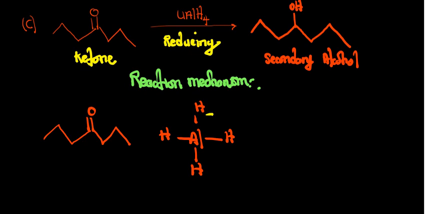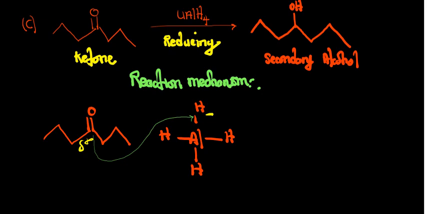Since that is negatively charged, we're going to have an attack. The carbon that is double bonded to the oxygen is positively charged. So we're going to have the attack coming from the negative hydrogen, attacking the carbon.